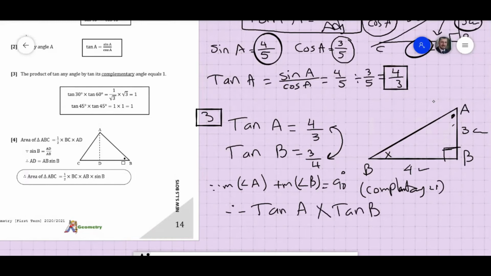So if I multiply any two multiplicative inverses by each other, we get a whole 1. This is the third remark.